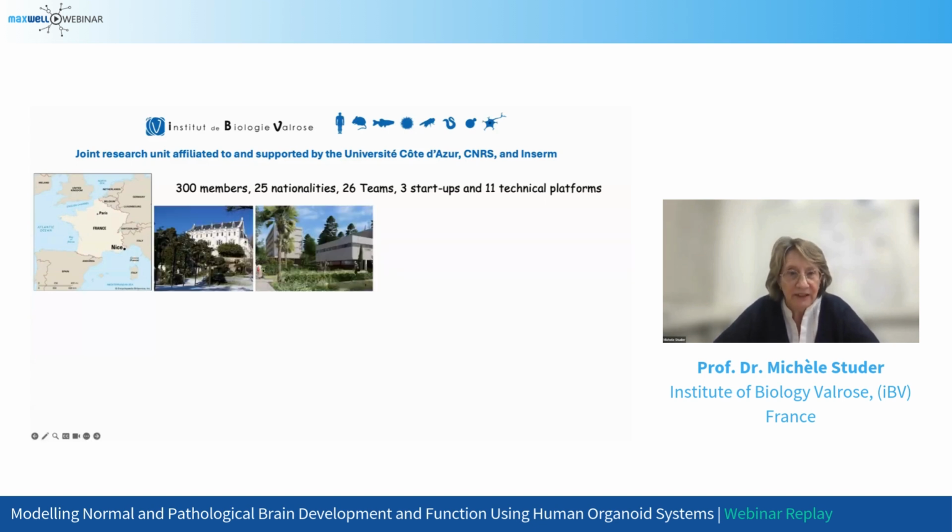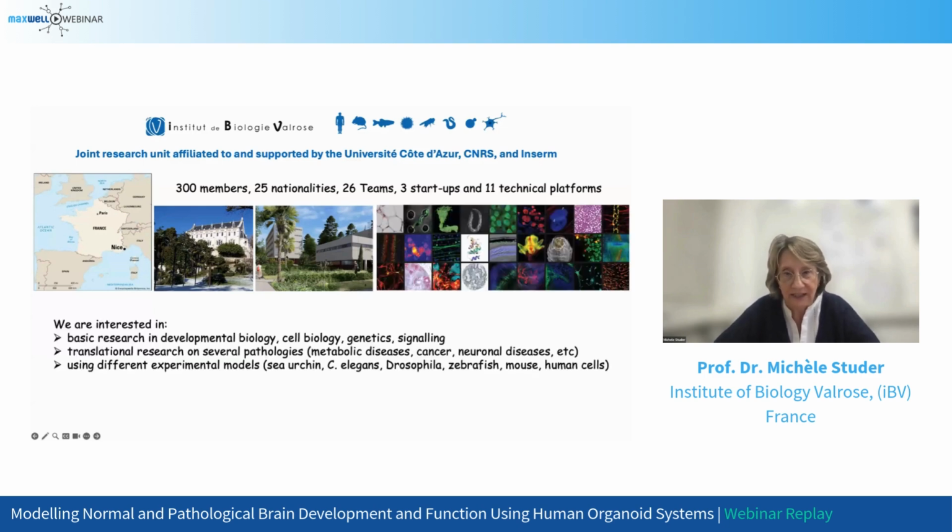Our campus is actually a historical site. This is where the president and the administration staff are, so not our labs. And this is the more modern building where our labs are located.